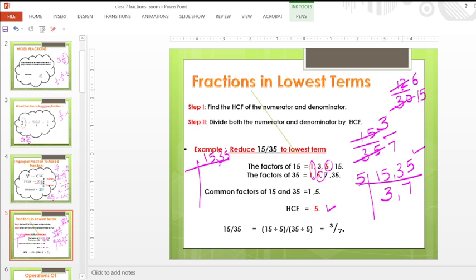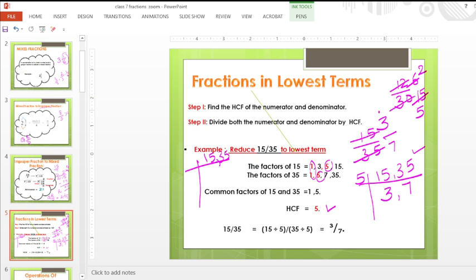Then, because 2 was not the HCF, let's see which other number will divide both of these. Let's take 3. So 6 divided by 3 is 2 and 15 divided by 3 is 5.